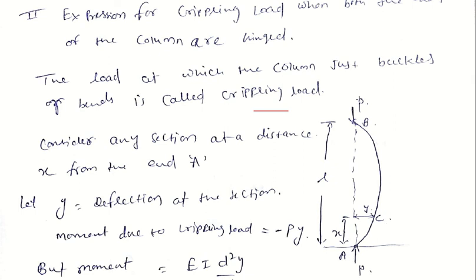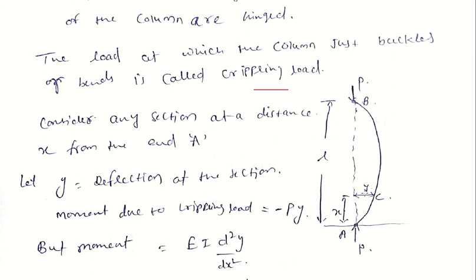This is the deflected shape. Here we consider a section from end A at a distance x. y is the deflection, and the deflected shape is concavity, so it will be a negative moment, and the moment value is minus Py.